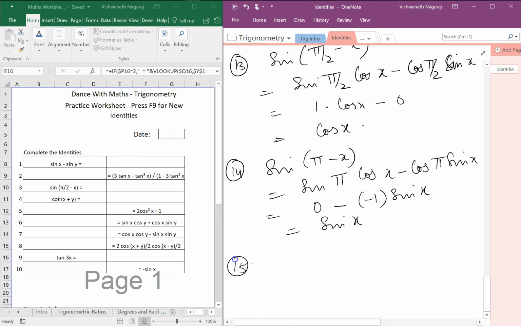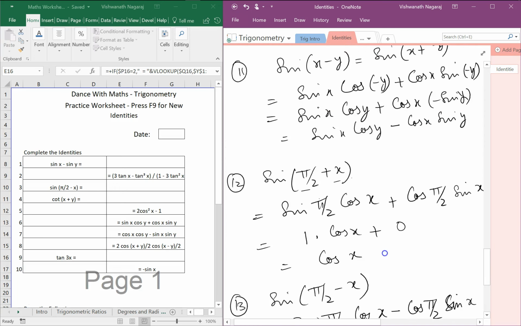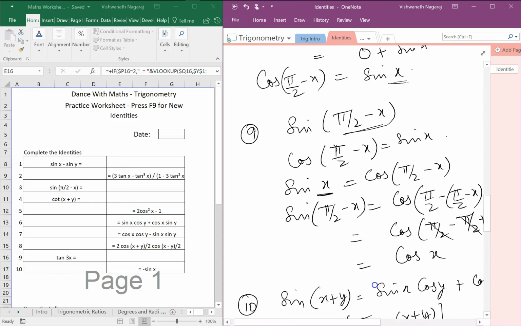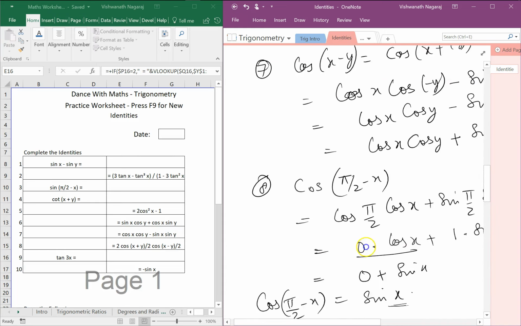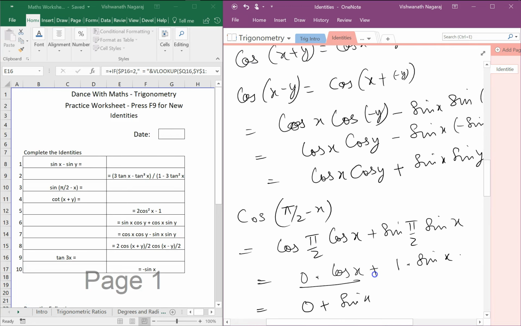Let's look at cos pi minus x. Right, now remember, cos x minus y is equal to what? Cos x minus y is cos x cos y plus sin x sin y.